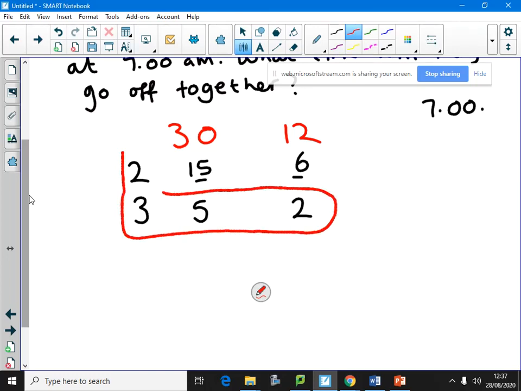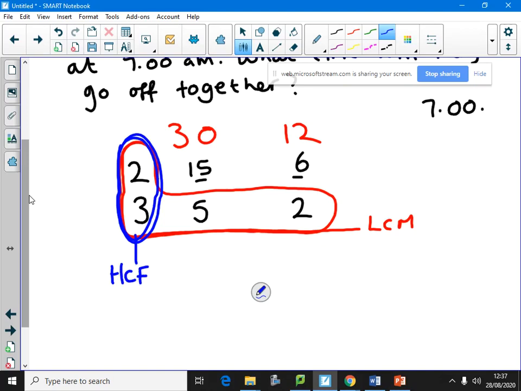So now I'm going to find my L. Yes. Okay, so the L makes LCM, and this high-rise makes HCF.